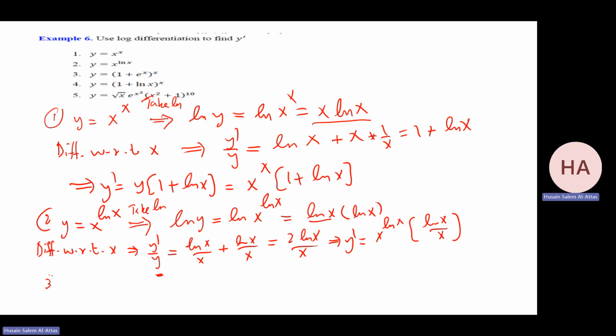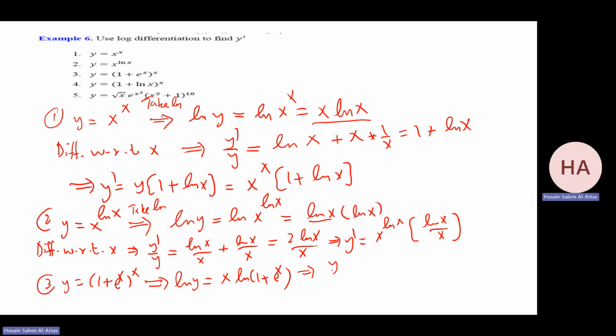The third one: y equals 1 plus e to the power x, all to the power x. It is still a function to the power of a function. Take ln, so I have ln y equals x ln of 1 plus e to the power x.